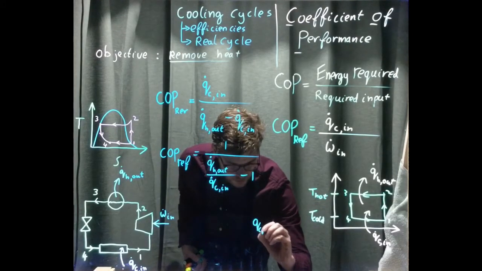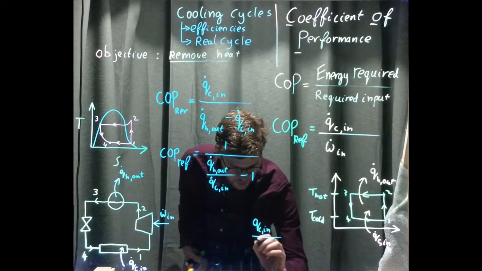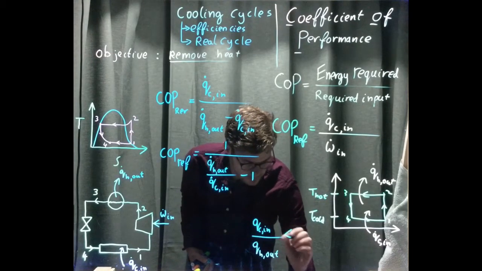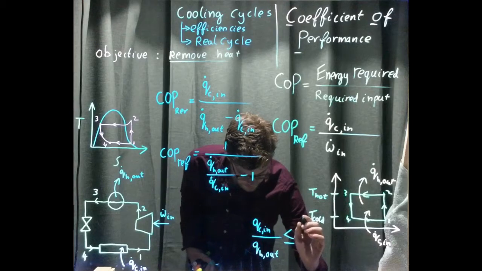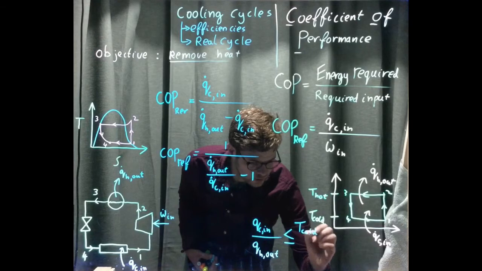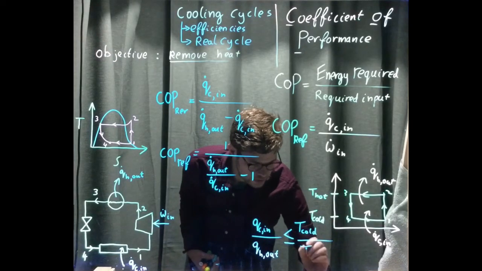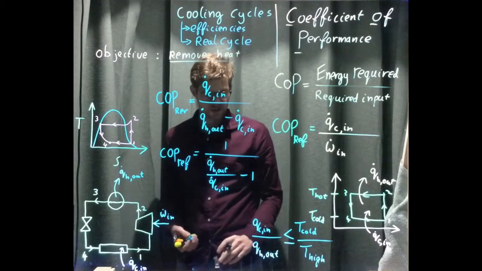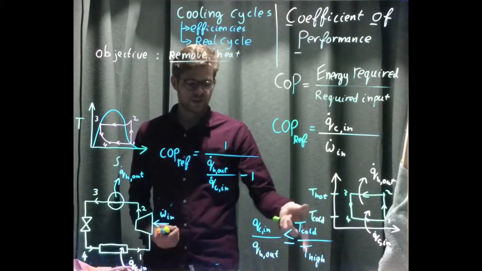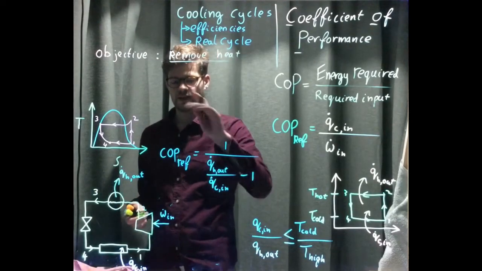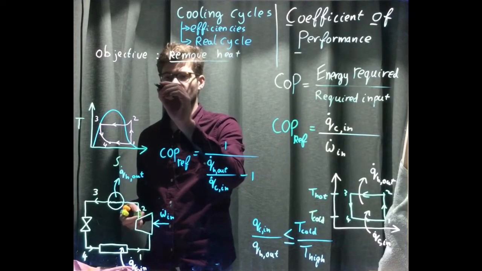Q cold in over Q hot out is lower or equal to the temperature cold and the temperature high, the higher temperature. So I can assume that this ratio is true. Since this statement holds for a Carnot cycle, I can determine my Carnot coefficient of performance now.